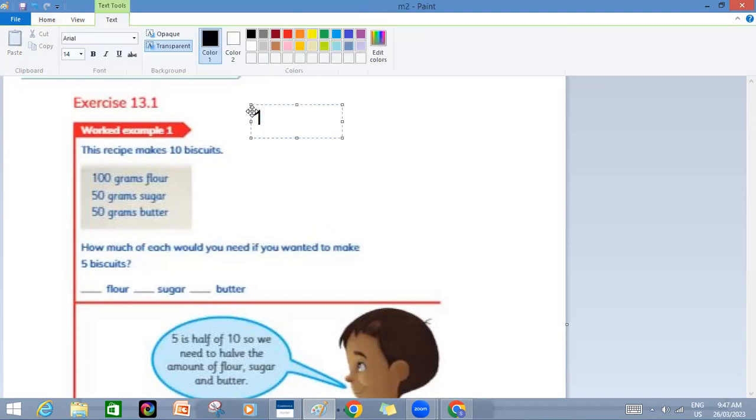1 kilogram equals 1000 grams. 1 kilogram is equal to 1000 grams, which means 1000 grams make 1 kilogram.